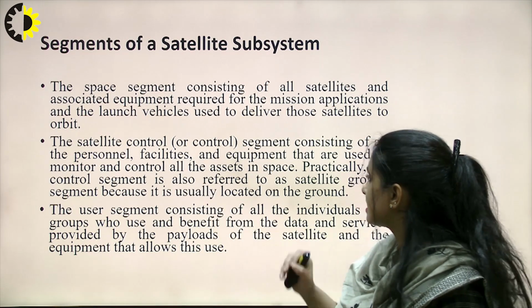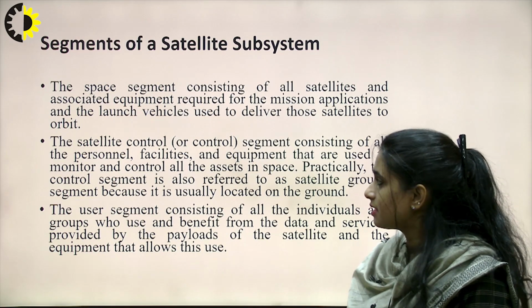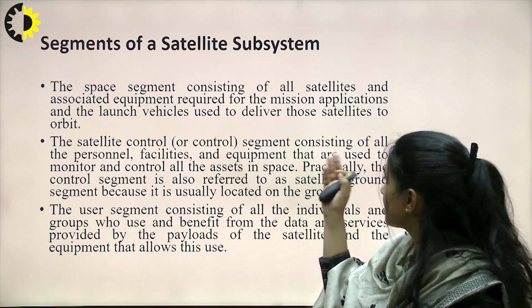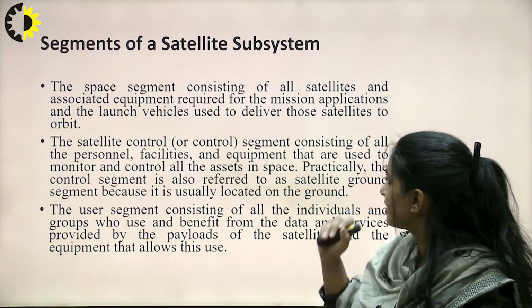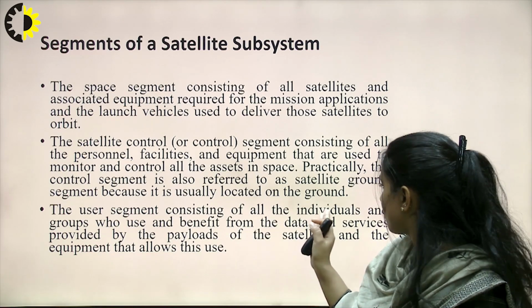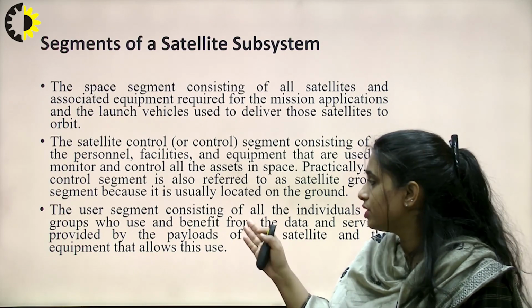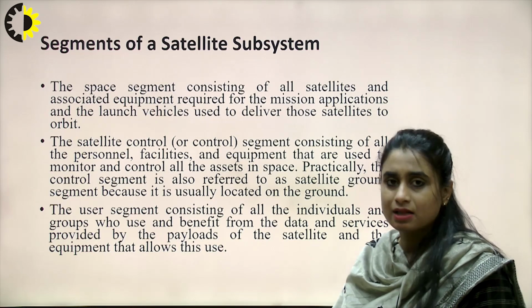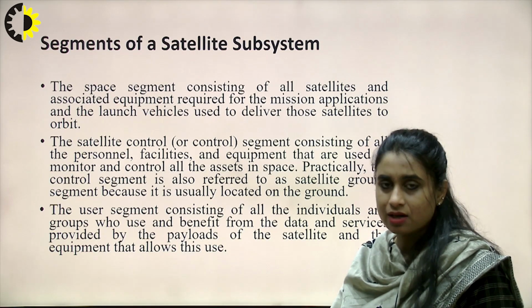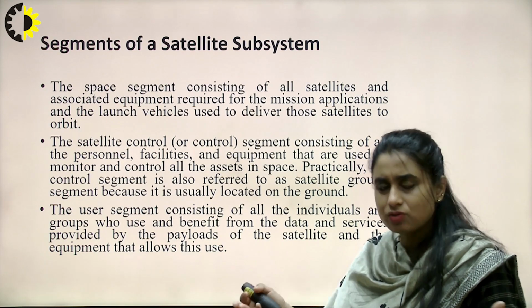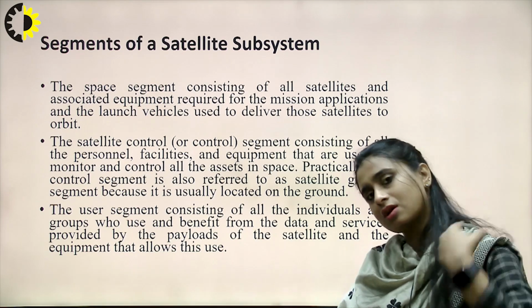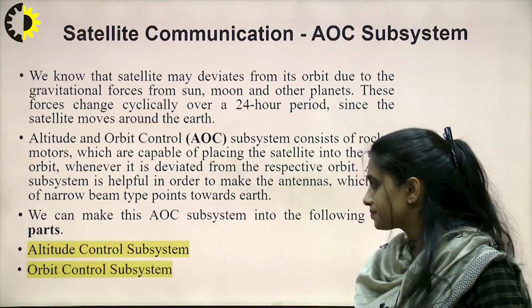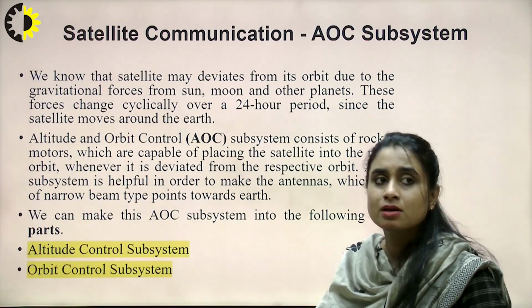The satellite controller segment consists of the personal facilities and equipment, and the user segment consists of all the individuals and groups who use and benefit from the data. Like we are the users, so we come under the user segment, and we use various equipments also. Those also come under the segment, right?